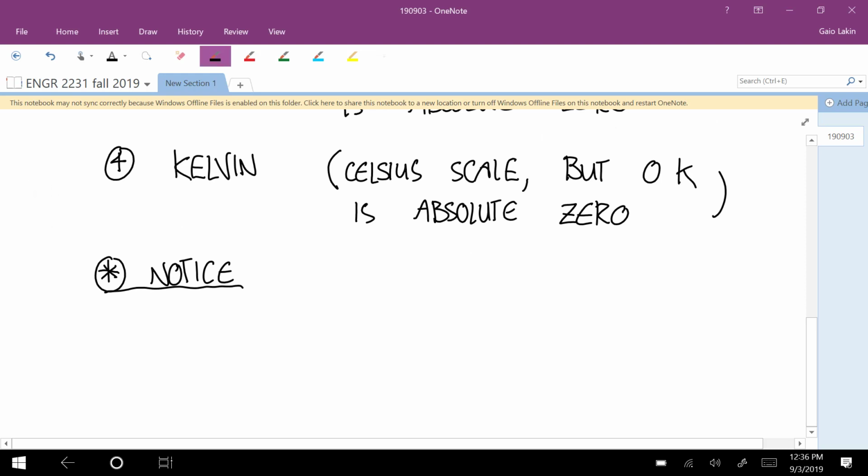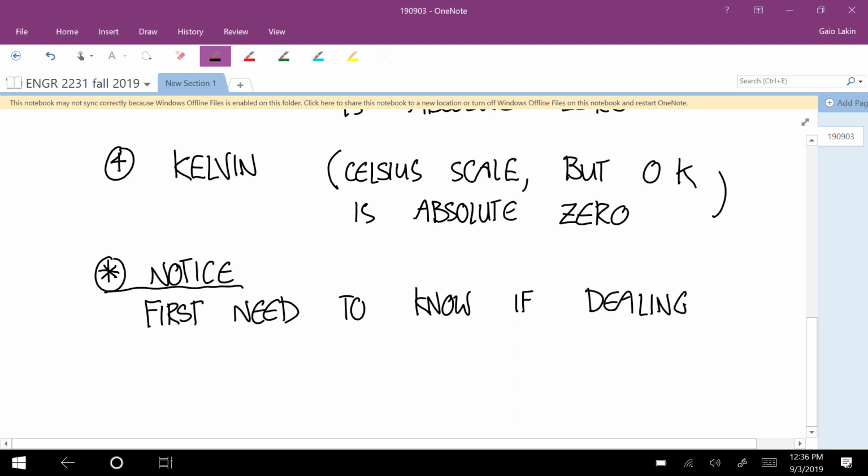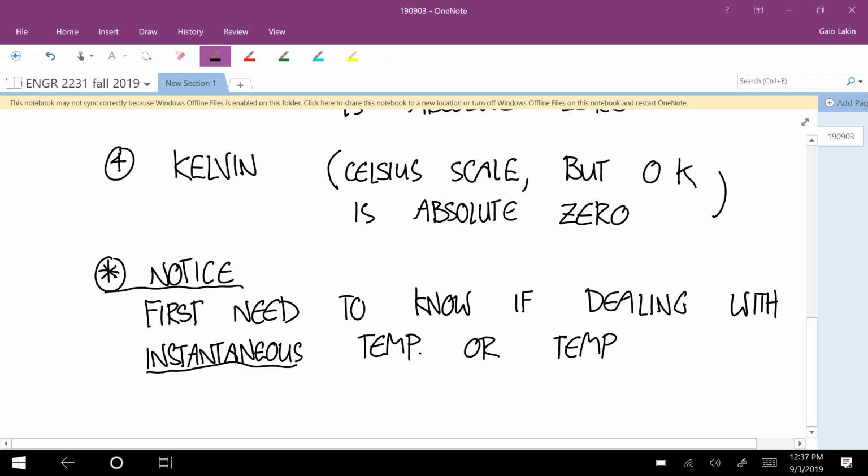So first, you need to know if you're dealing with an instantaneous temperature or a difference in temperatures, or a temperature difference.